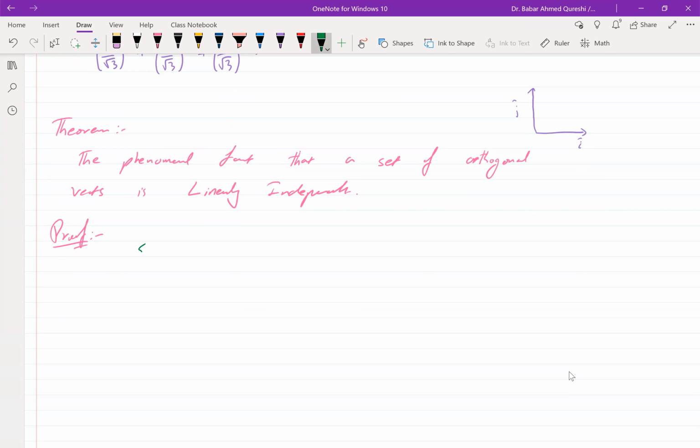So if I pick these m vectors and they are orthogonal, we have to prove they are also linearly independent.